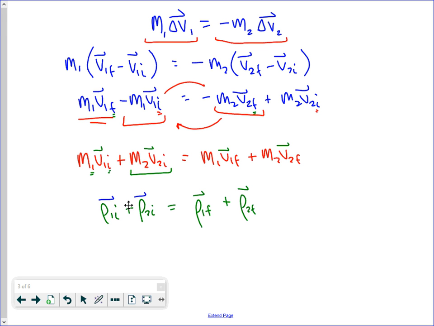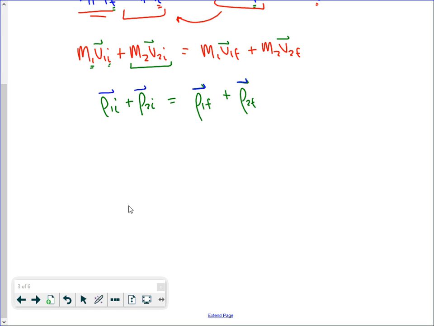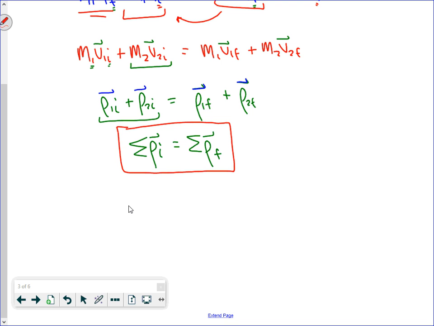And guess what? We've been talking about a system of two objects interacting. So you know what this is? It's all of them added up. The sum of all the initial momenta has to be equal to the sum of all the final momenta. And that tells us something very profound in the physics world.